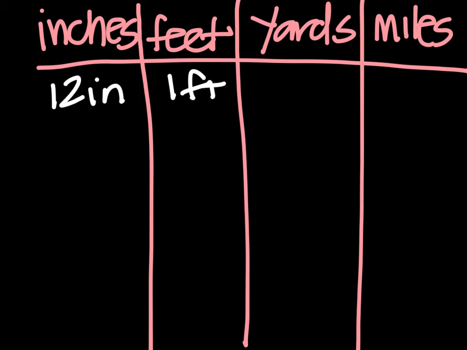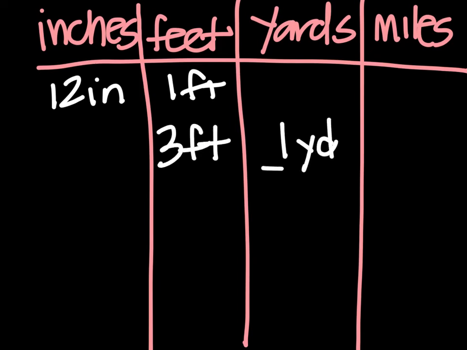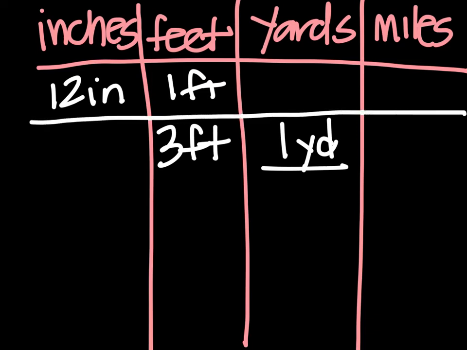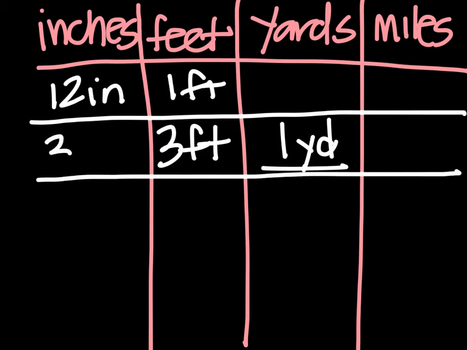Now, if we were going to do another measure of conversion, we would say that we had 3 feet in 1 yard. So if I had 3 feet in 1 yard, how many inches would be in 1 yard? Hopefully you said 36, because we're going to multiply 12 times 3, right?